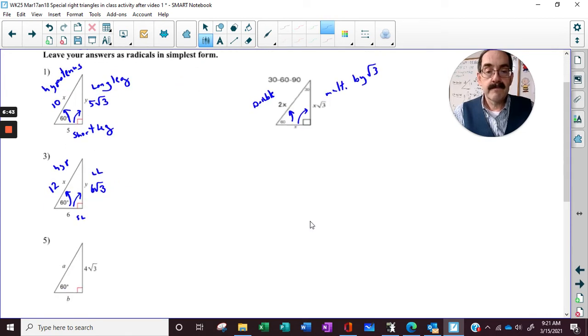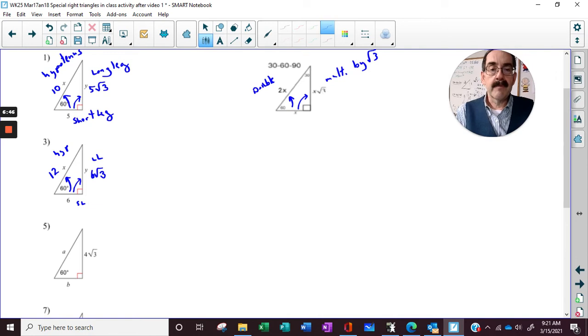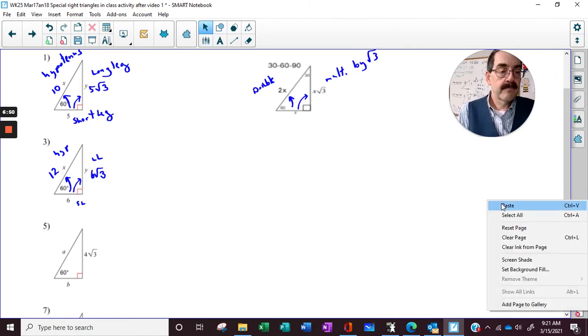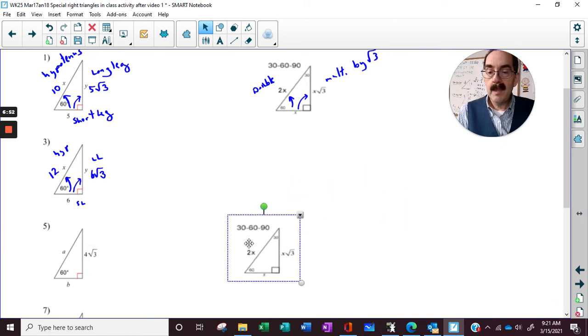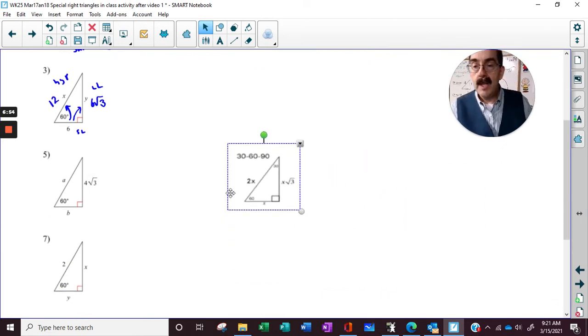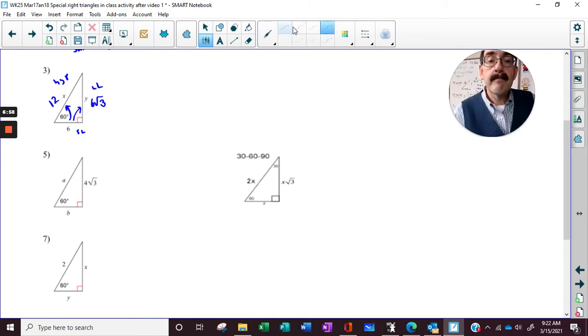Now, let's go a little bit further here. What if we have the long leg? Okay, so take a minute and label. Long leg, short leg, hypotenuse.